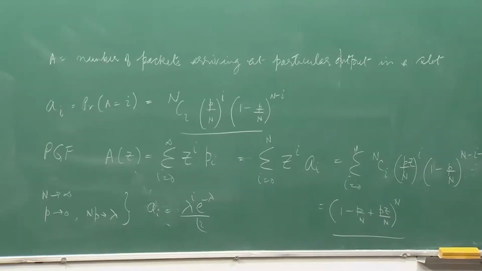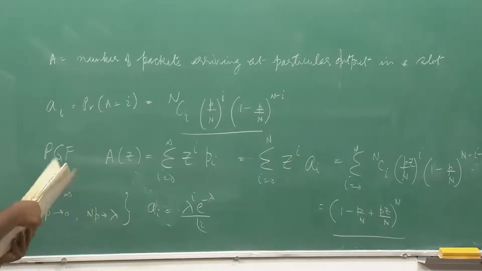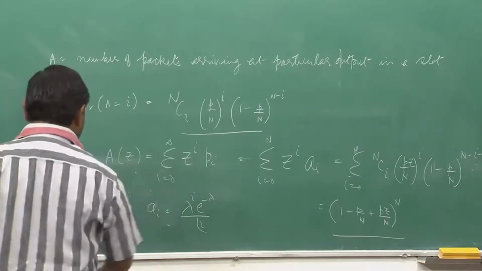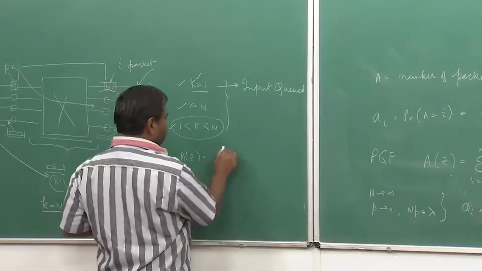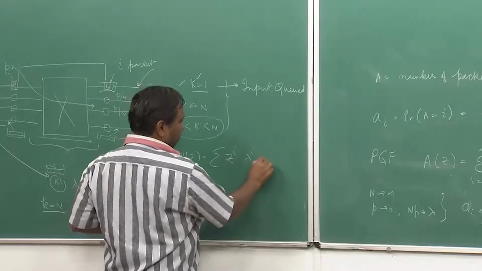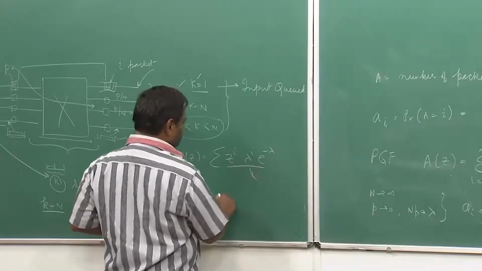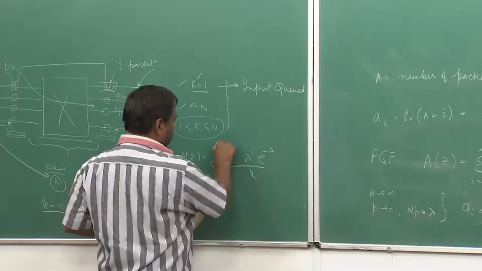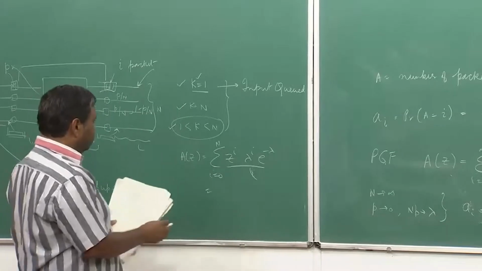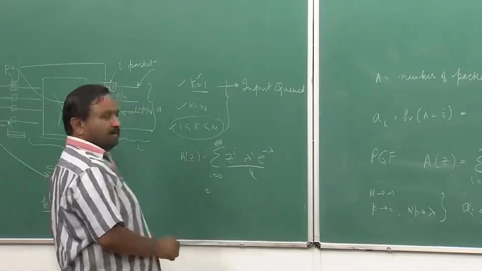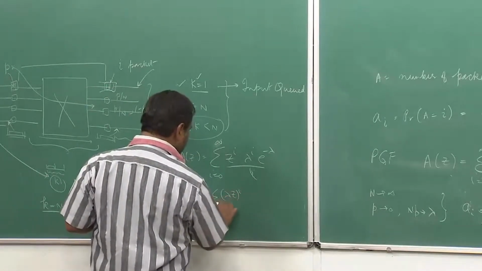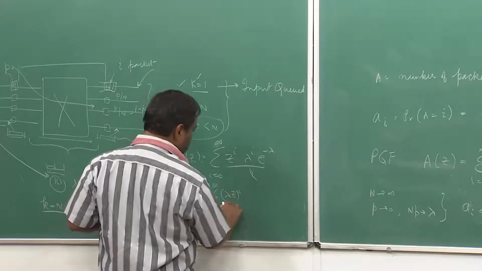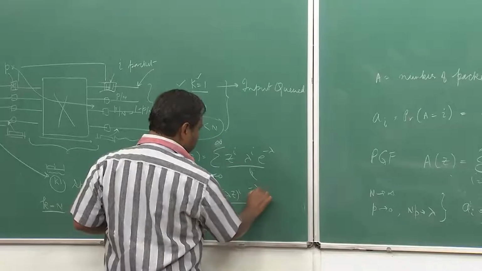Once you solve it with a similar procedure, you will get the PGF, which is A(z), the summation of z^i lambda^i e raised to power minus lambda by i factorial. This n will become infinite in this case, and you can write it as lambda z raised to power i by i factorial times e raised to power minus lambda.